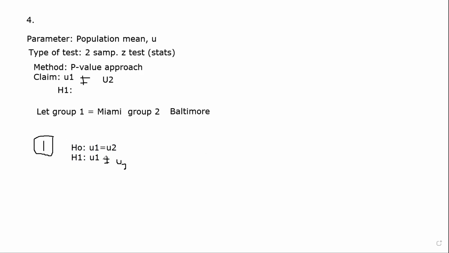There we go. Now this is my claim, and it's a two-tailed test. We know that. So we're going to write claim, and we're going to write two-tailed test over here. So, okay, that's my step 1.